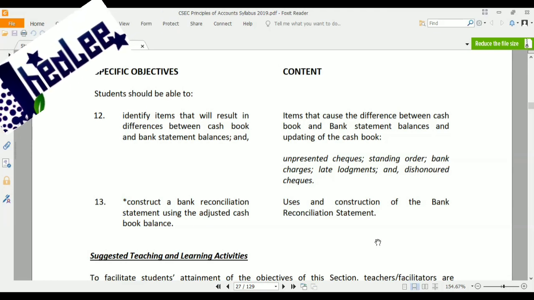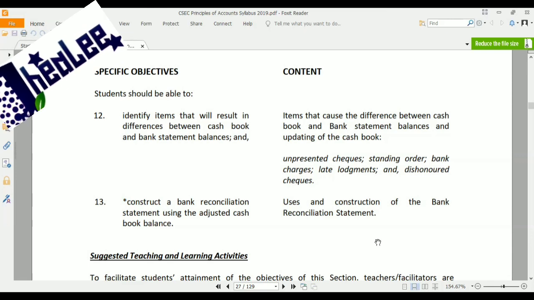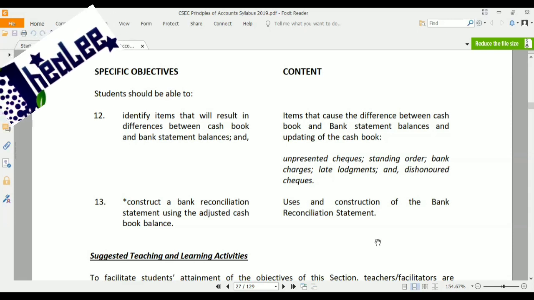So as simple as that, you might not expect that question to be in this section, but it might just appear in it. And definitely you need to know how to construct a bank reconciliation statement using the adjusted cash book balance. Now, there are two formats in preparing your bank reconciliation account. One, you can start with the updated cash book, and the other is that you may start with your bank statement balance. Based on the question, they may ask you to do a specific one, but there are cases where they don't.